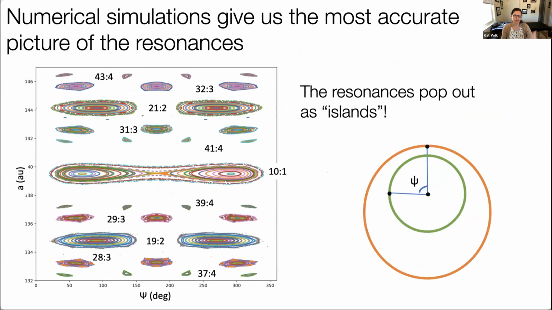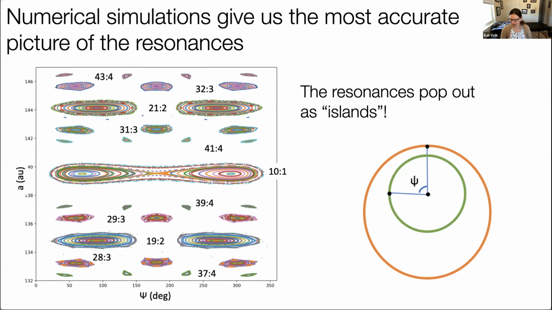When we do that for a bunch of different test particles, where every different color is a different test particle, and plot these values at each perihelion passage, all these resonant islands pop out. It's a really nice way to visualize what resonances are important and how wide a semimajor axis range they go over.